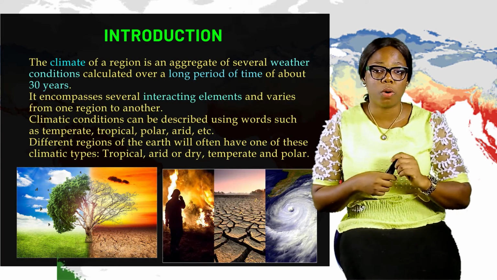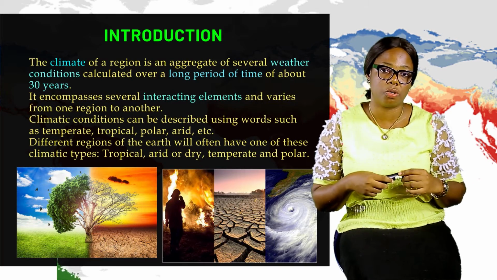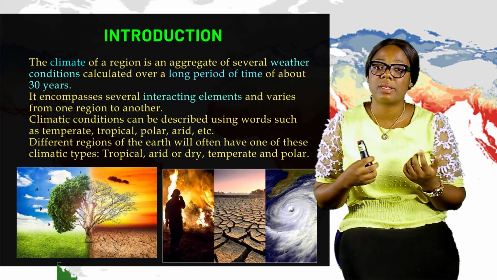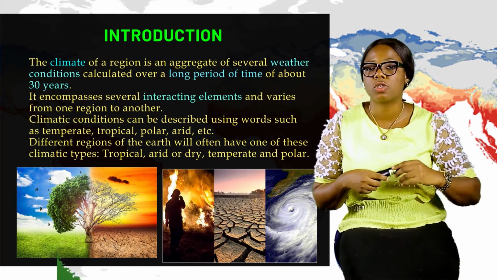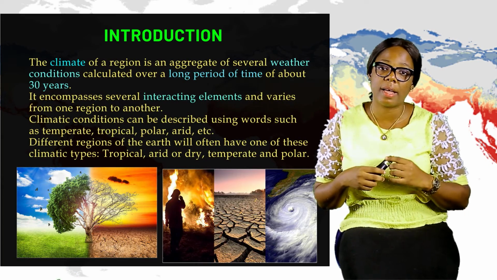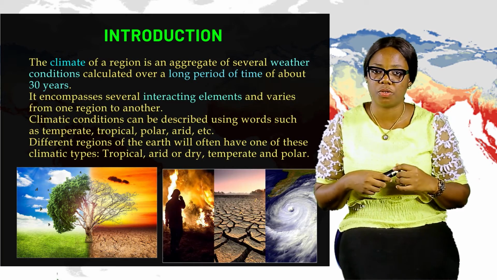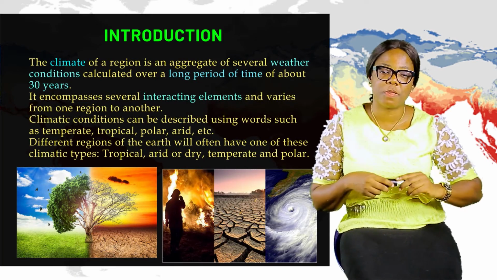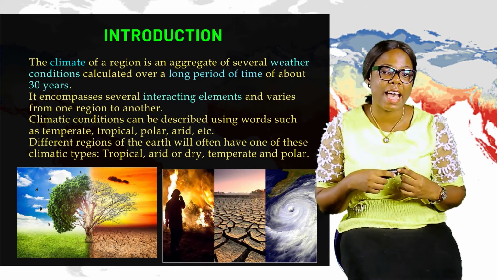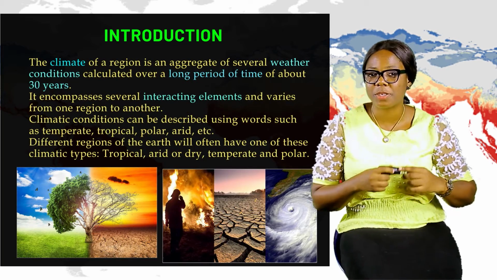Several regions in the world have different and unique climatic conditions. When talking about climatic conditions, terms such as tropical, temperate, arid, and polar are used to describe them. Different regions of the world have different and unique climates. Let's take a look at different climatic regions of the world.